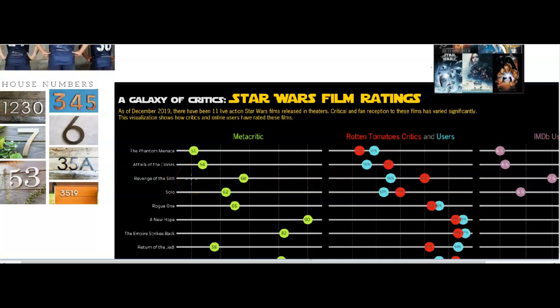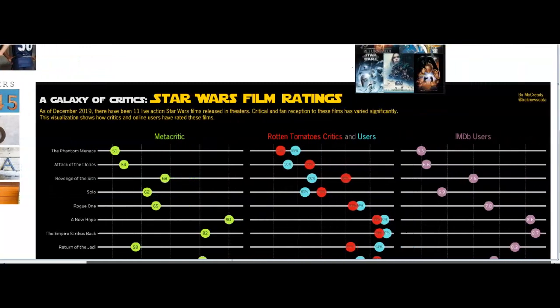So that is numerical and discrete. That data is collected from Metacritic or whatever. And then IMDb users, they gave 6.5, 6.6, 7.5. So that is numerical continuous.